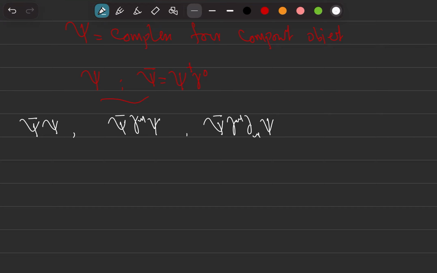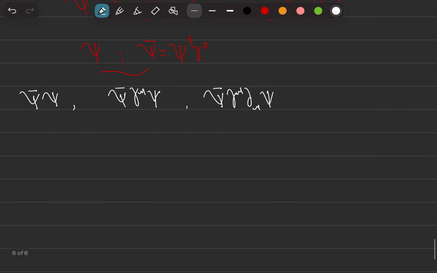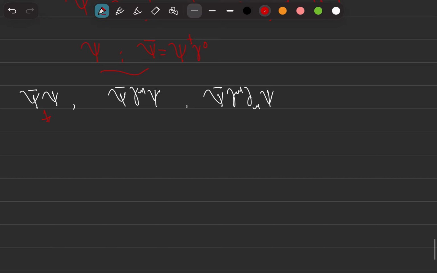Here the first quantity is a scalar. The second is a 4 vector, but the last is also a scalar because it's contracted. So we can use the first and last in our Lagrangian, but not the second, because it's a 4 vector and therefore it transforms as a 4 vector.